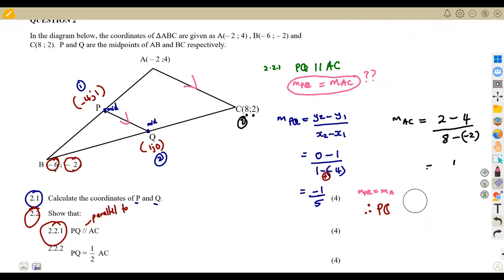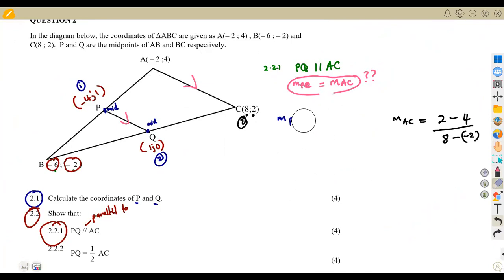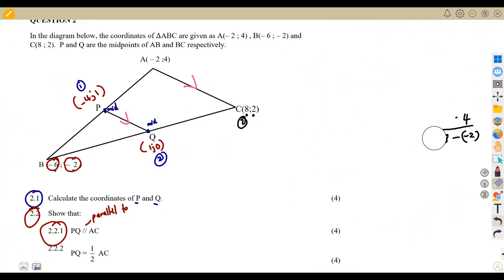But we are supposed to show that. That's 2.2: we are supposed to show that PQ is equal to half of AC.